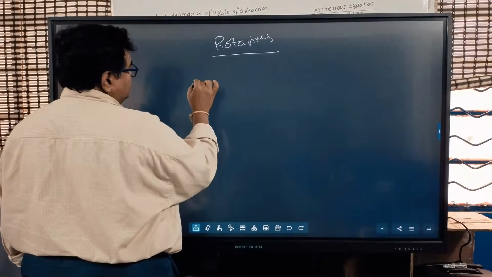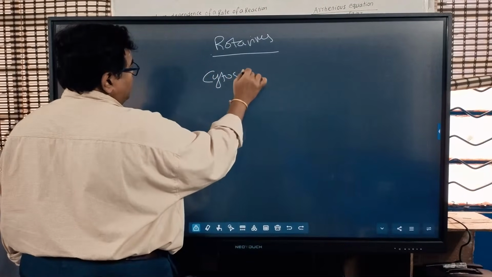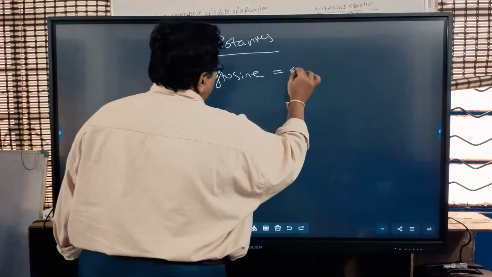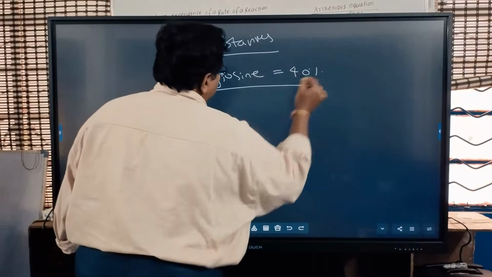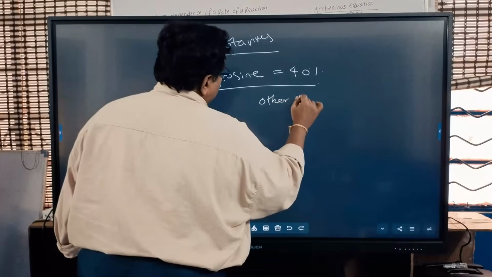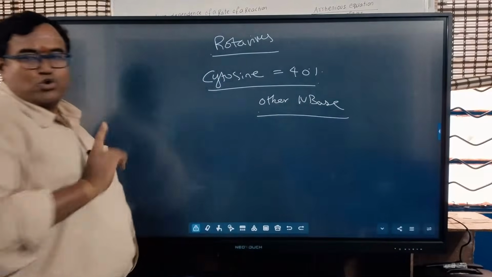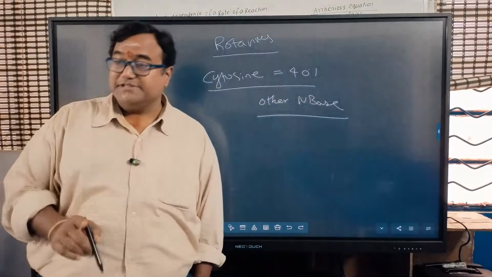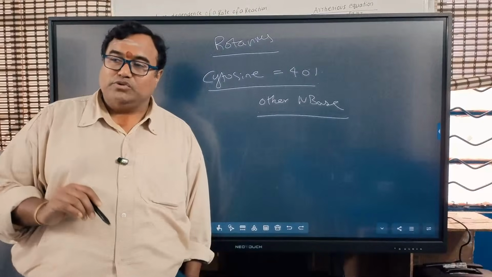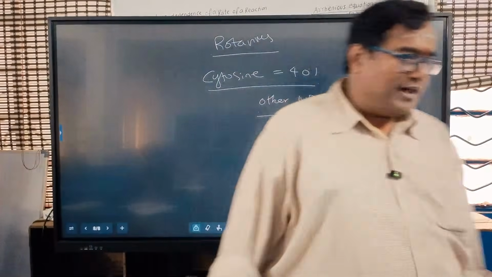In this, if cytosine is 40%, calculate the other nitrogen bases. I told, in rotavirus 40% cytosine. Calculate the other nucleotides. You should give the value for all the nitrogen bases.